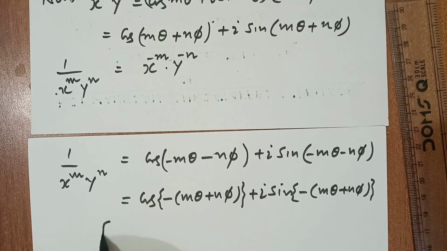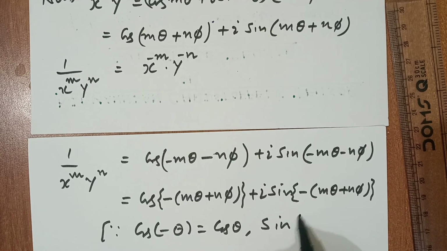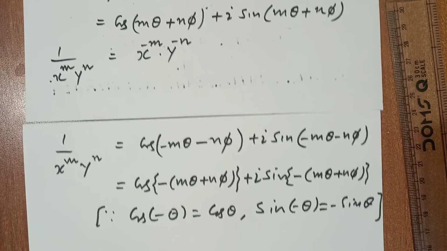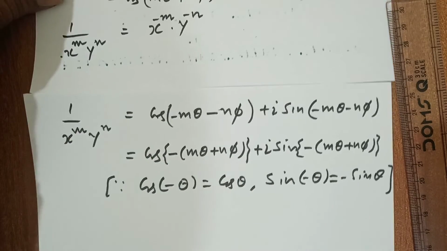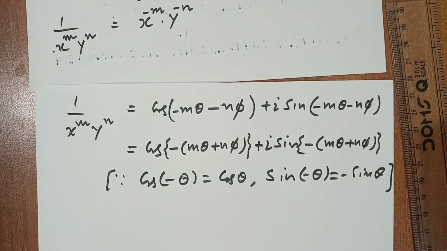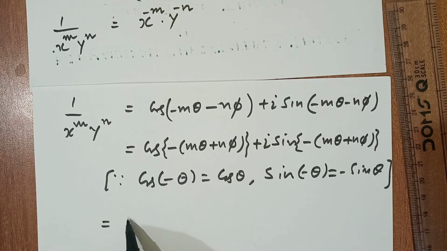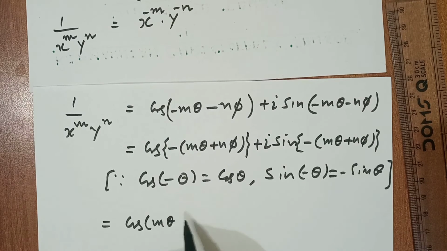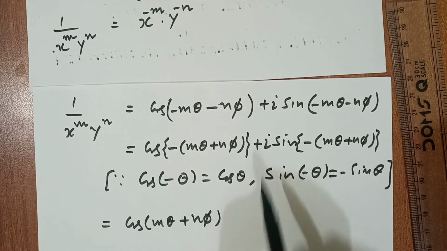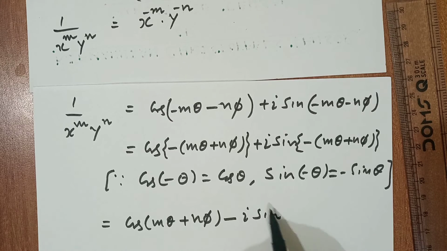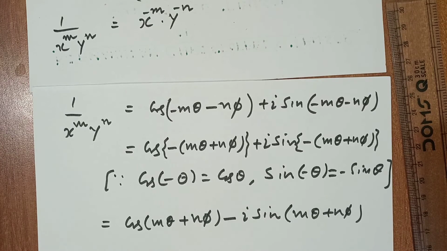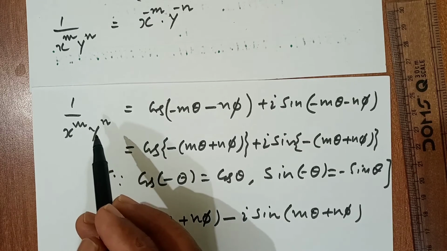Since cos minus theta is equal to cos theta and sin minus theta is equal to minus sin theta, this is equal to cos (m theta plus n phi) minus I sin (m theta plus n phi). So this is the value of 1 upon x to the power m, y to the power n.